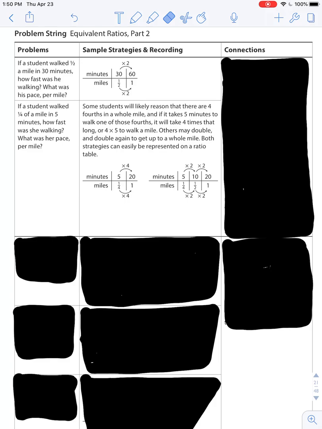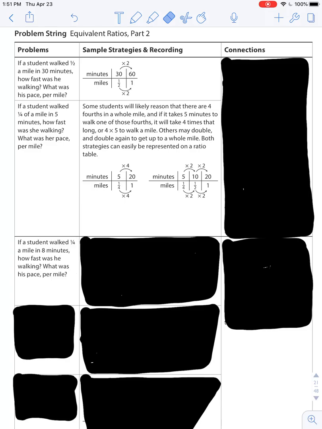And so we can then multiply the 5 for the minutes by 4 also and get 20 minutes to walk the 1 mile. You could also double and double again. So doubling a 1/4 becomes a half, double the half to get a whole. Double 5 minutes, you end up with 10 minutes, and double the 10 minutes, you end up with 20 minutes. Either way, you get the answer of 20 minutes for her to walk 1 mile.